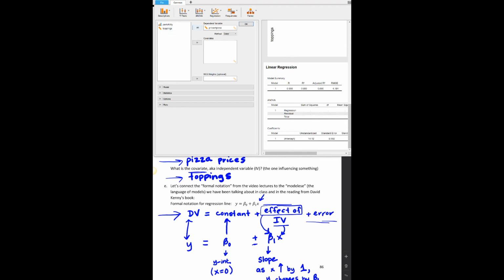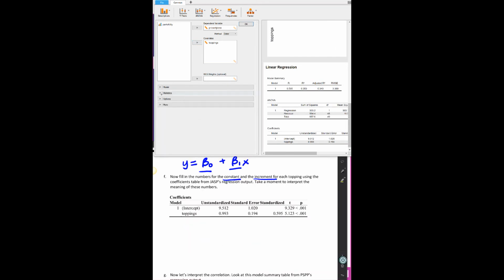So we have price of pizza as our dependent variable. It's what we're trying to explain or predict. And toppings is our covariate or independent variable. We want to see what effect the number of toppings has on the price of the pizza. Now, once you've entered that information, you can ignore all of the other menus and click OK.